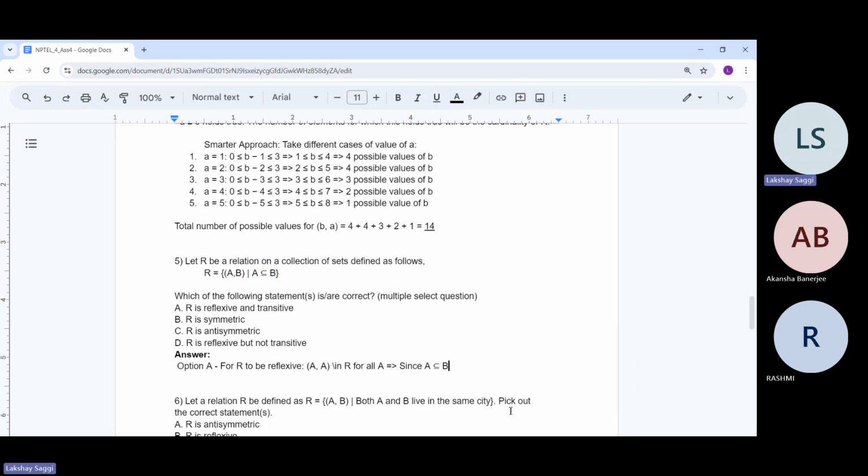Since A is a subset of A for all A, R is reflexive.